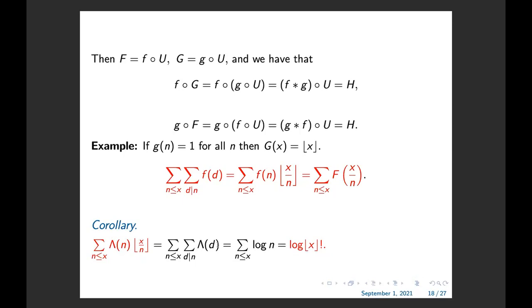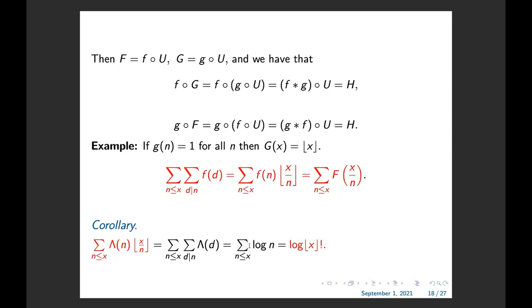This follows from the definition, because lambda of d is log of p if d is some prime power, otherwise 0. So here this sum runs over all the prime power factors of n. After viewing this carefully, we obtain that this sum would be equal to log of n.